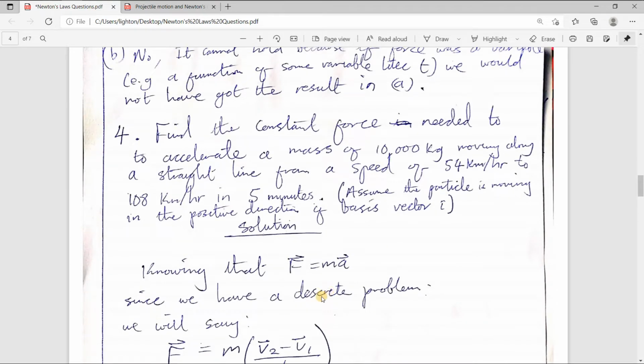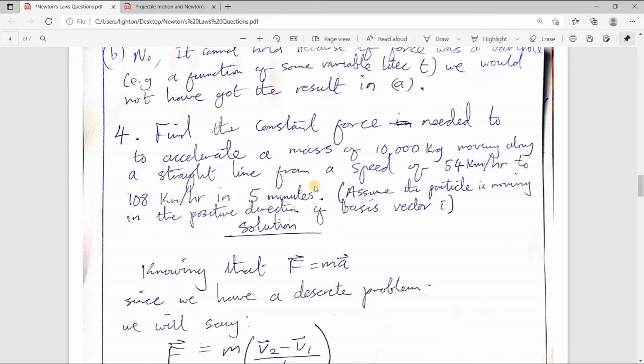So the solution is, of course, we know force is ma. Now, since we have a discrete problem, what you have is not a continuous problem. It's discrete. Why is it discrete? Because we've been given the initial velocity and the final velocity.